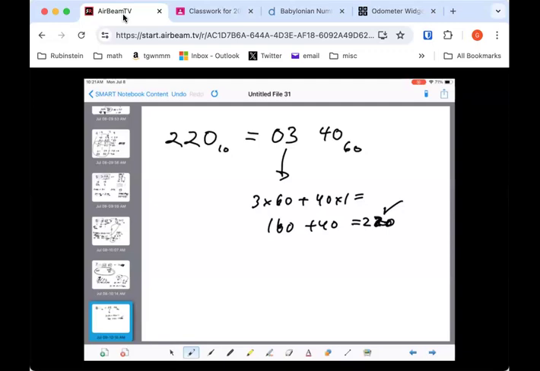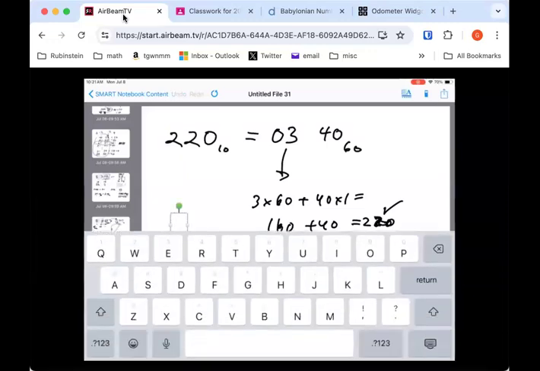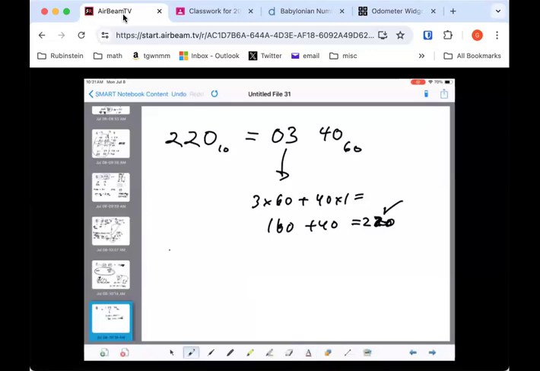But now let me teach you a method for doing that. So here's the way we do that. Here's a method you could use. There's a couple of ways of doing this, but I think the easiest way is to first notice that 220 is bigger than 60, but it's less than 3,600.